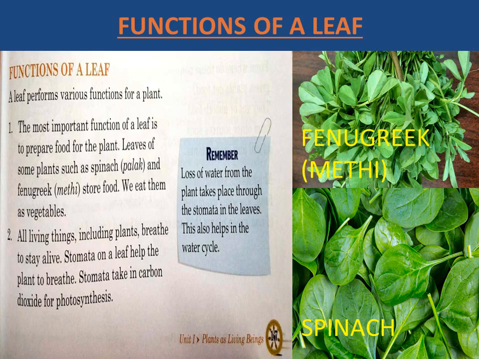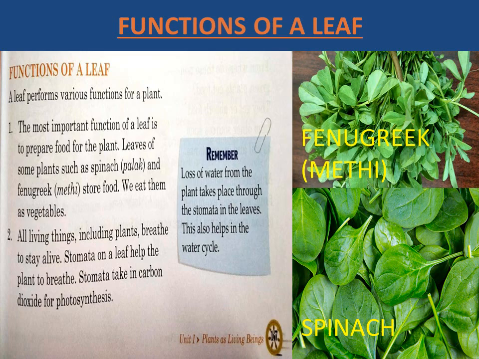Let us go to the second function. What is the second function of a leaf? All living things, including plants, breathe to stay alive, right? Stomata are the parts that are visible in the leaves. We can see stomata. These are the small pores in the leaves, right?